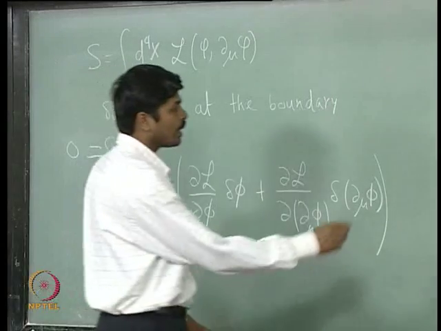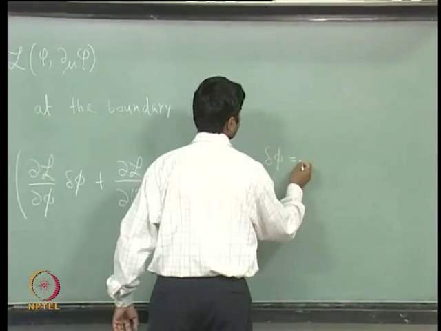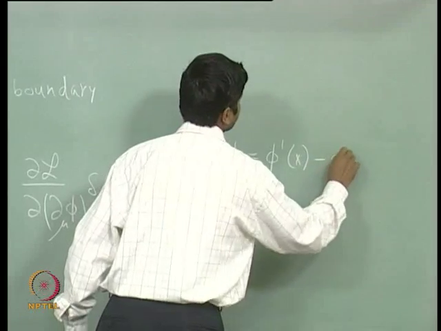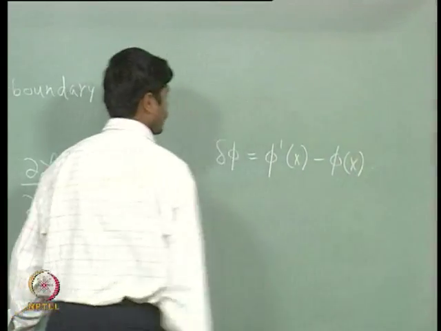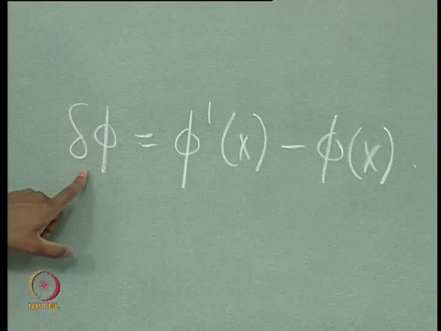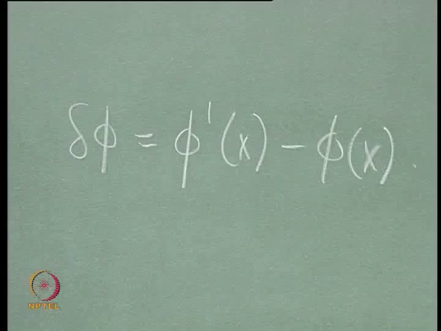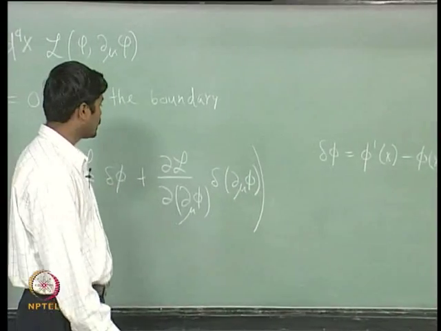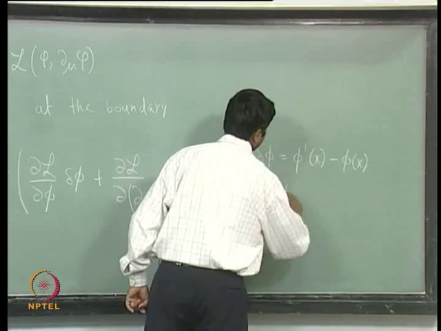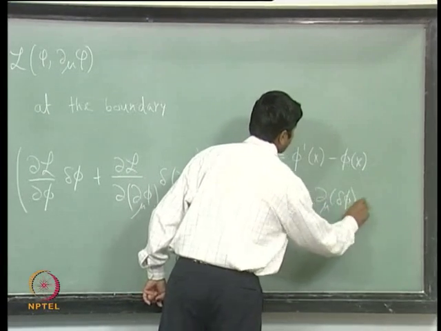At any given point, delta of phi is basically phi prime of x minus phi of x. So, as you can see, the variation does not depend on the spacetime point. Therefore, delta and del mu can commute. So, I can write delta of del mu phi as del mu of delta phi.